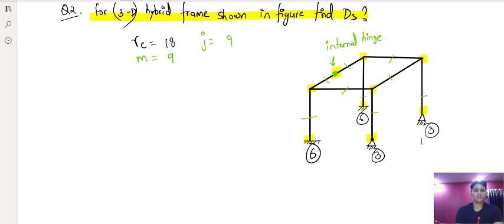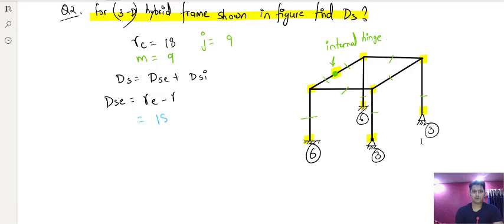Now you know the formula for DS, that is degree of external indeterminacy plus degree of internal indeterminacy. The formula for external indeterminacy is RE minus R, where RE is the external reaction and R is the number of equilibrium equations.